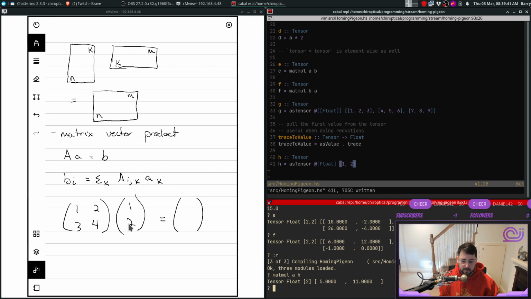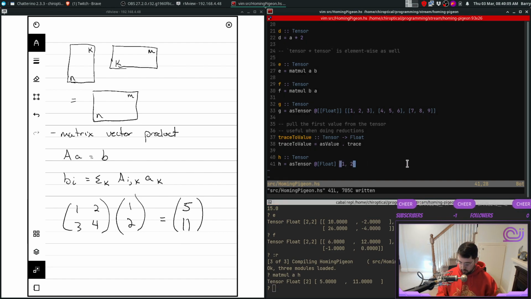It doesn't look right. Oh, yeah, duh. 1 times 1 is 1. 2 times 2 is 4. That's 5. So 5 would go here, right? And then that's 11. Okay, cool. I'm just being a doofus. So here we go. That would be 3 times 1, 4 times 2. 8 plus 3. Okay, so cool.